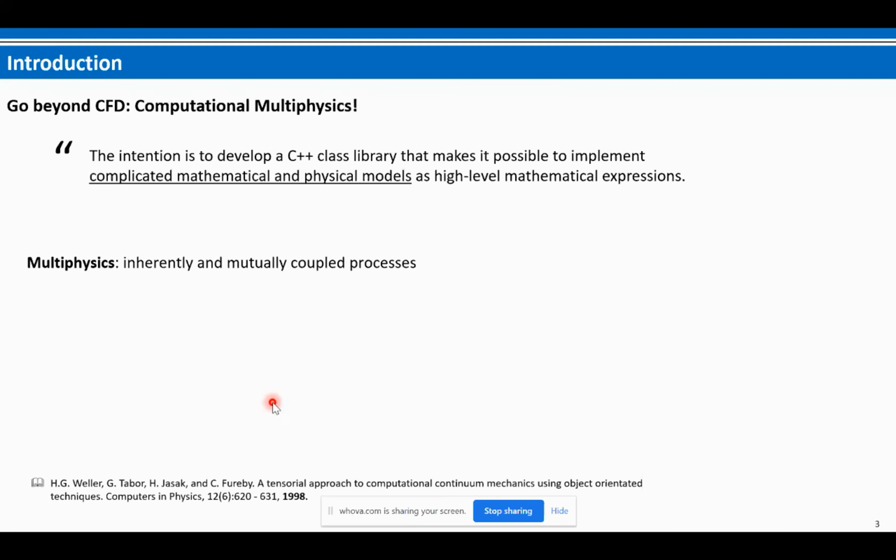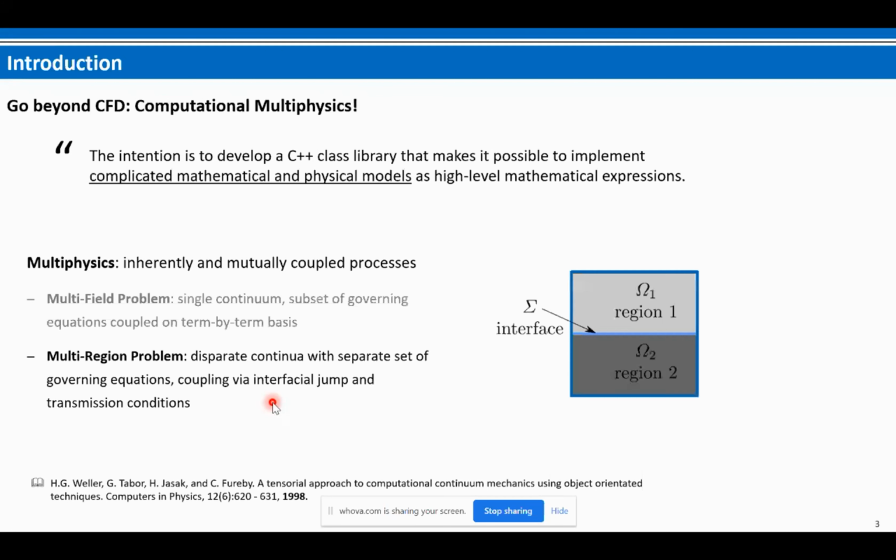These are inherently and mutually coupled processes that have two main categories. I go over them quickly here. The first one, multi-field problems, in which we have a single continuum with a subset of governing equations being coupled on a term-by-term basis. The second one, multi-region problems.